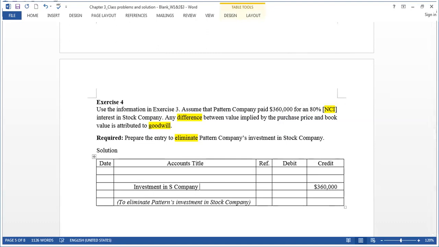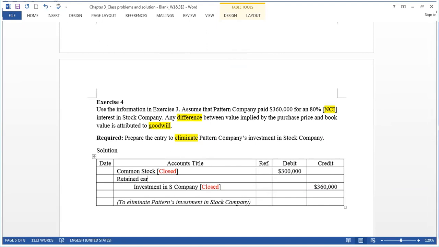As we are talking about elimination, we close our investment in subsidiary, so we record it as debit. Now we have to close common stock of subsidiary. It was $300,000. In the exam, you also need not record this close, it is just for your reference.